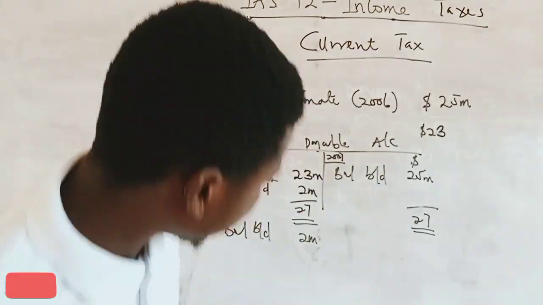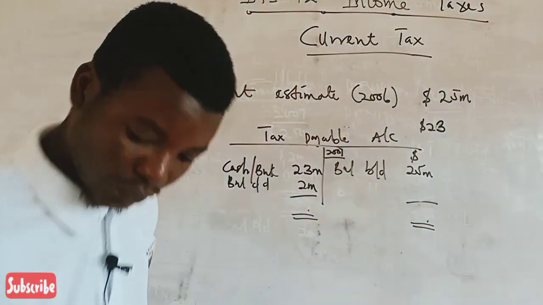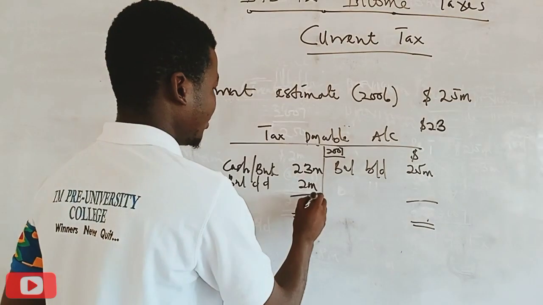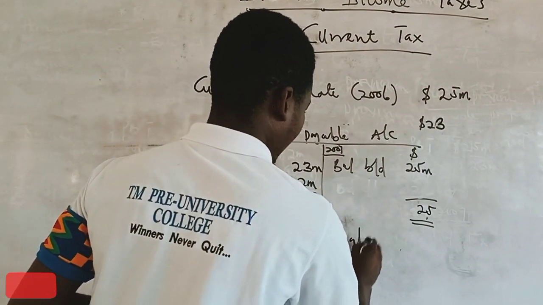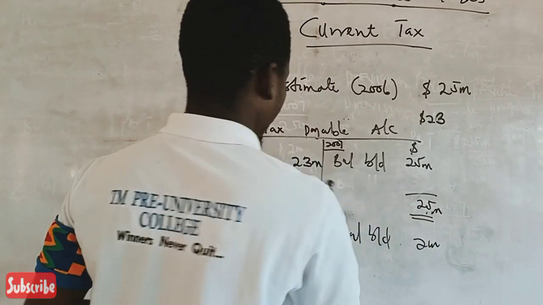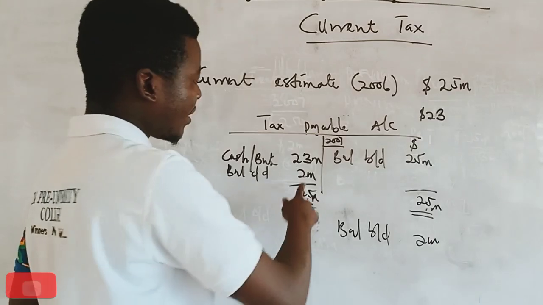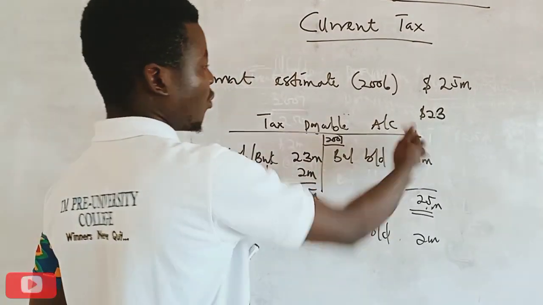We have 25, but the balance will come here, 2 million. What is happening? We are paying lesser than what we estimated, so we have overestimated our tax.